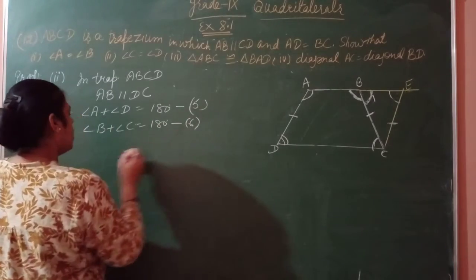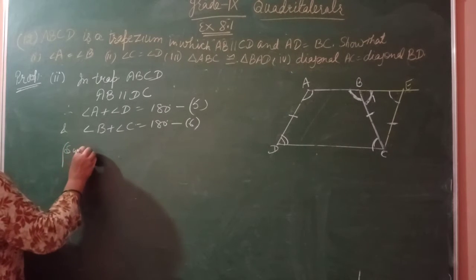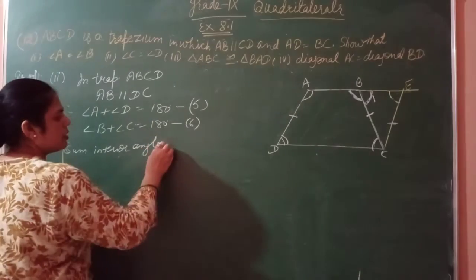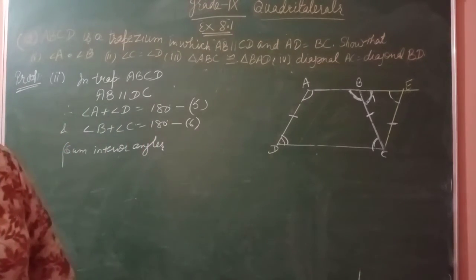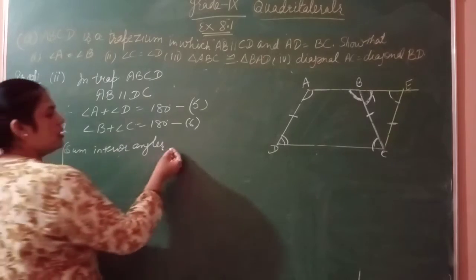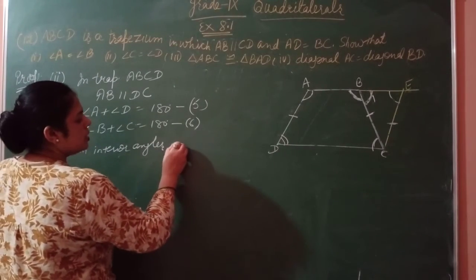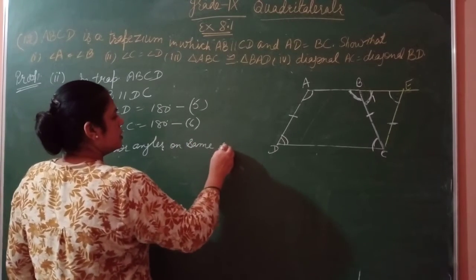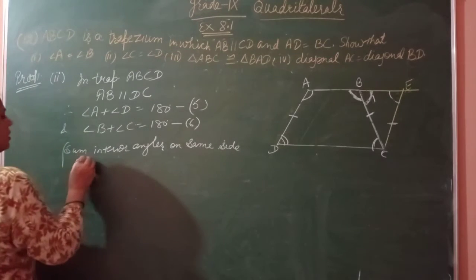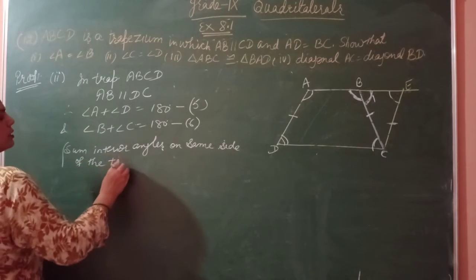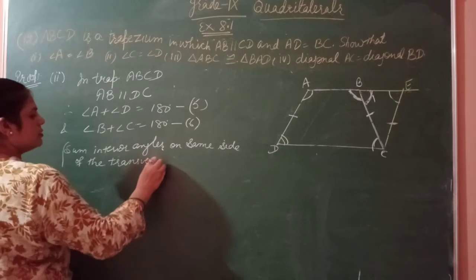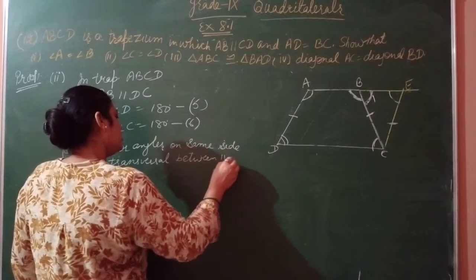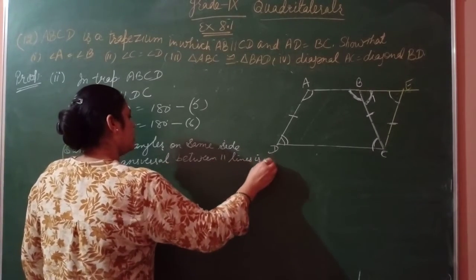Why? Because the sum of interior angles between the parallel lines on the same side of the transversal is 180.